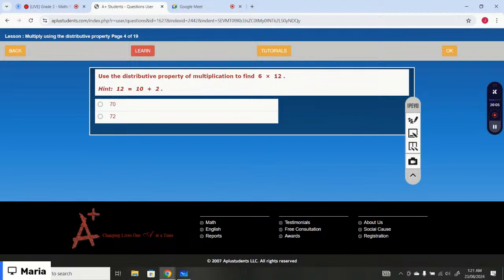The next one is use the distributive property of multiplication to find 6 times 12. So which is the correct option?